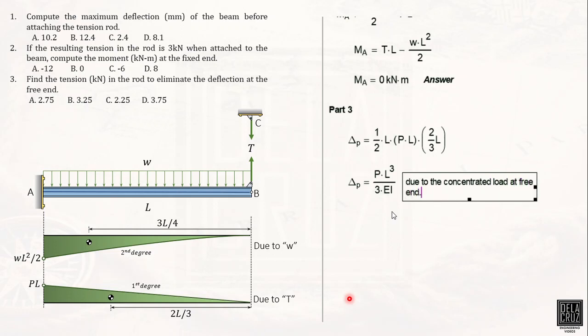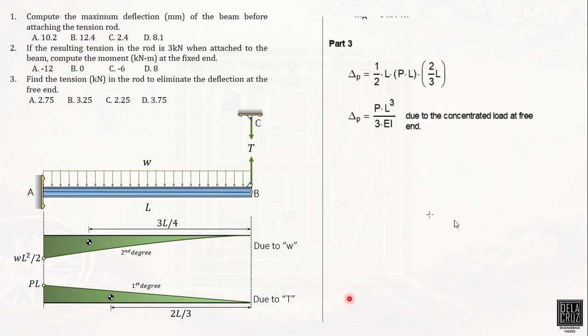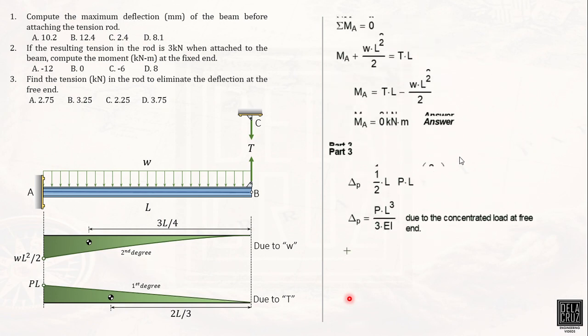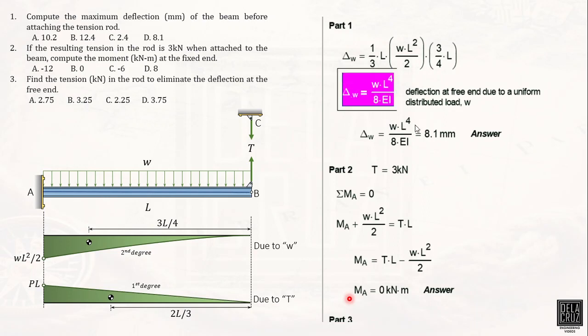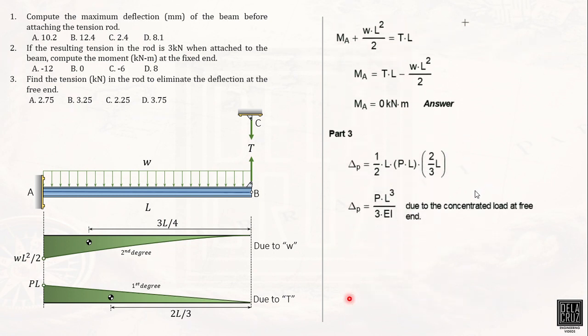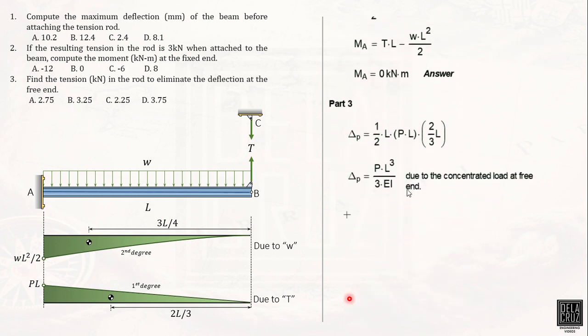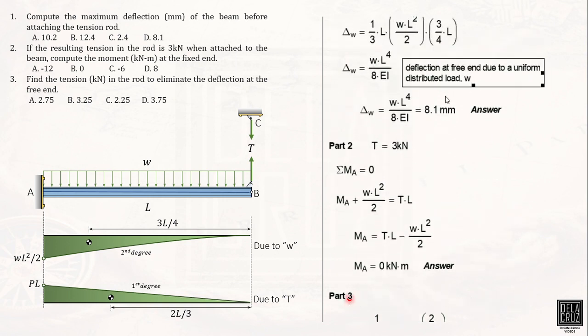Okay, so I suggest memorize these formulas para mabilis tayo. Dinerive lang natin para makita nyo saan galing. Take note that we have this formula there. Ito, may formula tayo because of the uniformly distributed load.